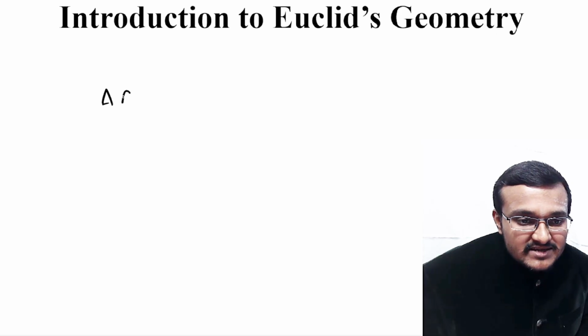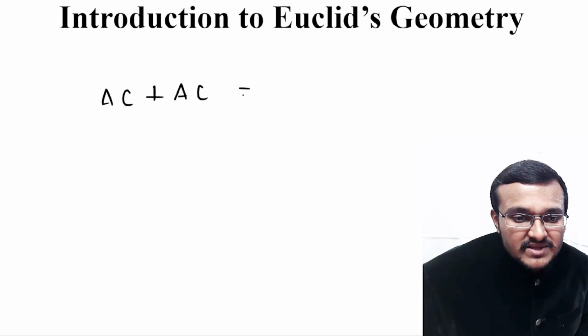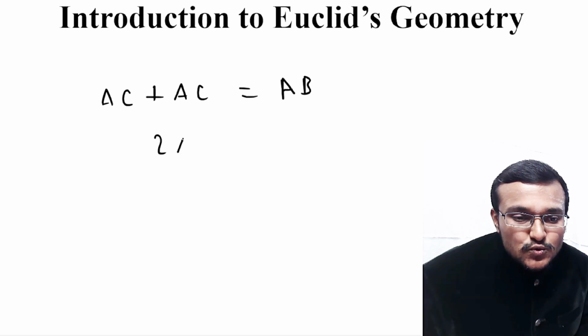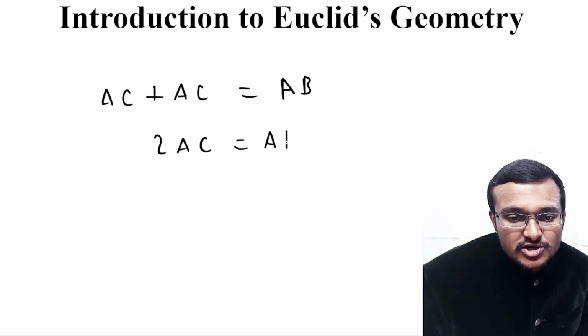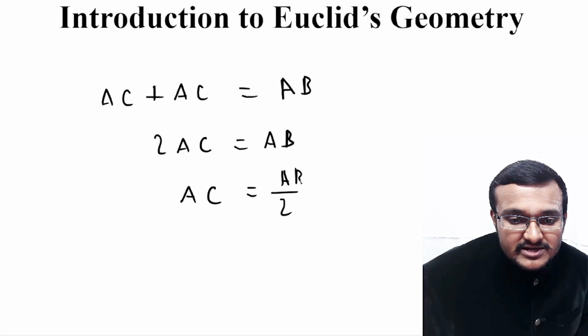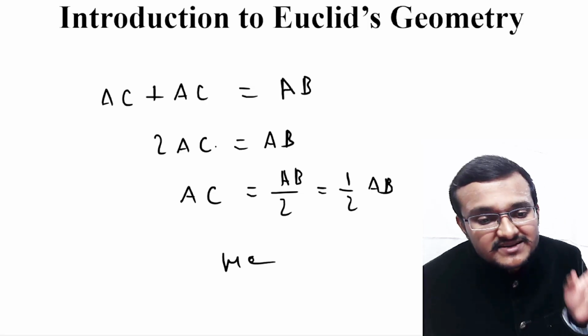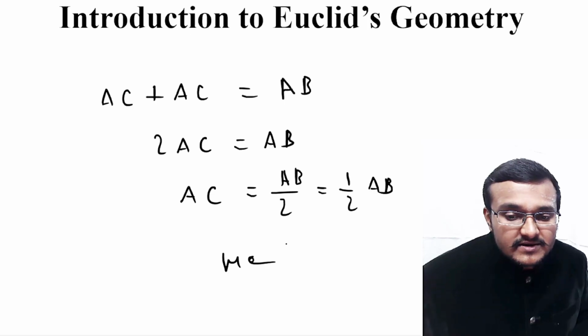So I get AC plus AC is equal to AB. Now 2 times AC is equal to AB. If you bring 2 to the right-hand side, it becomes 1 by 2, so AC is equal to AB by 2, which is 1 by 2 AB. Hence we have proved that AC is equal to half AB.